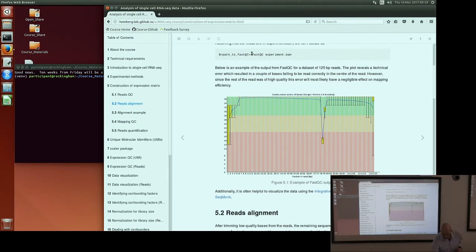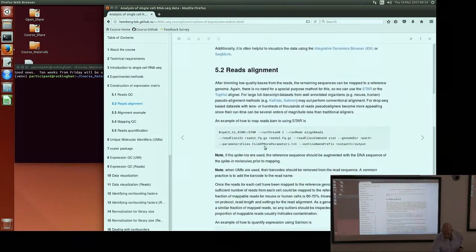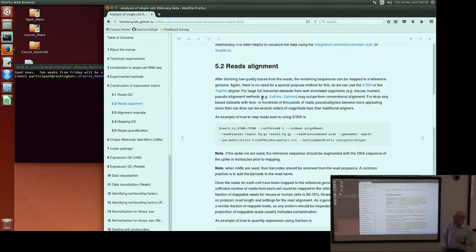The next step is to align the reads to a reference genome. The traditional way of doing it is to take each read and try to figure out where its best match is in the large genome. This is conceptually straightforward, but it's a computationally tricky problem.